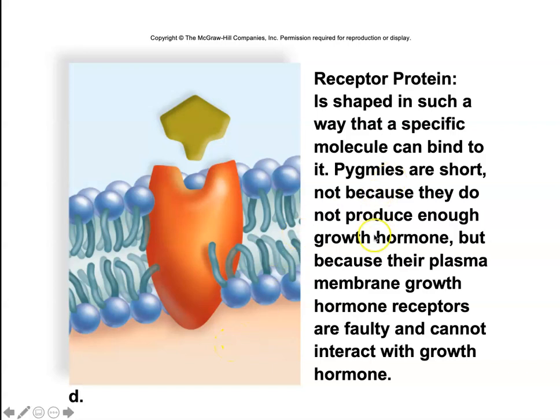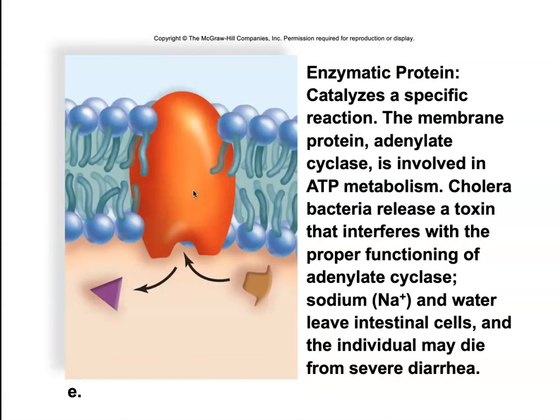The example given here says pygmies are short not because they do not produce enough growth hormone, but because their hormone receptors are faulty. So say this was growth hormone, it's supposed to bind to this receptor, but if the receptor is faulty and not able to bind, then growth hormone cannot have its action. Therefore, there will be a deficiency in growth. So it's super important that receptors function properly.